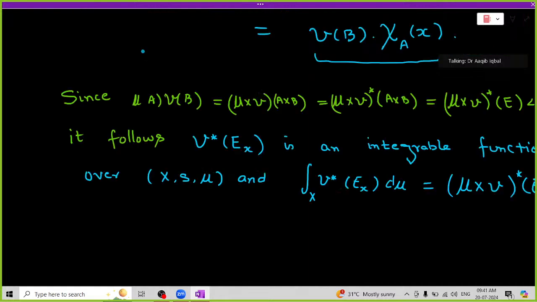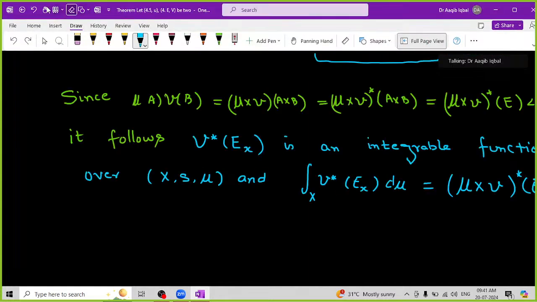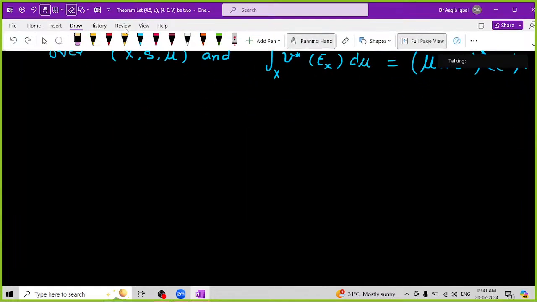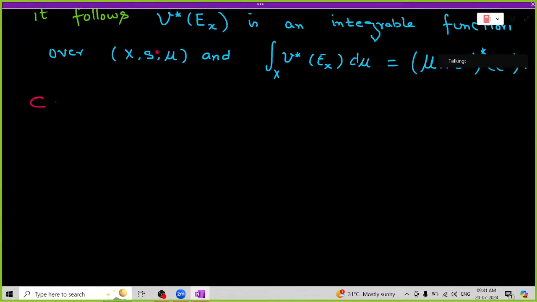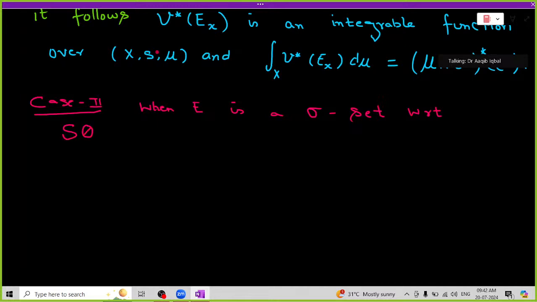इसको मैं किसी और कलर में लिखूंगा. Case second. In this case we'll be assuming when this E is a sigma set with respect to the product semiring, which is S O times sigma.